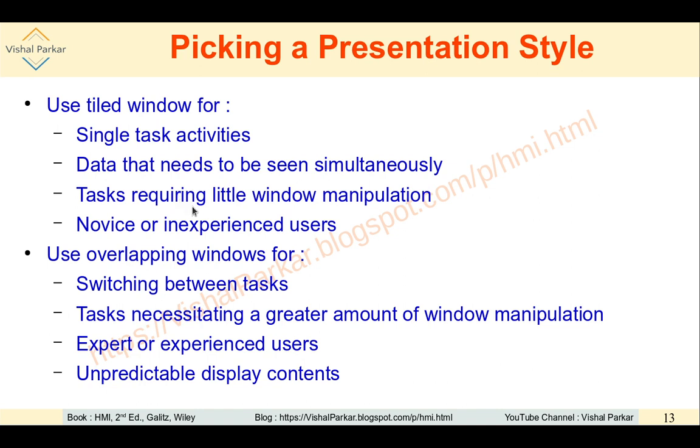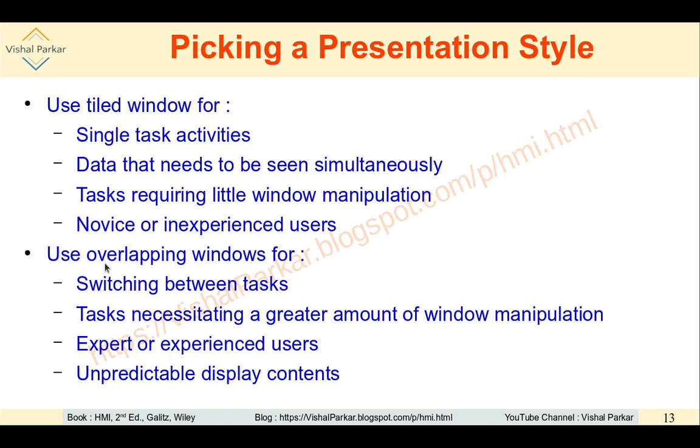Tasks requiring little window manipulation: as we have seen previously, if the window needs complex operations, it becomes difficult to operate in a small area. So if the tasks are not that demanding, not that complex, then only tiled windows can be used. They are also good for novice or inexperienced users, where the users do not have practice or knowledge of how to change between different open windows.